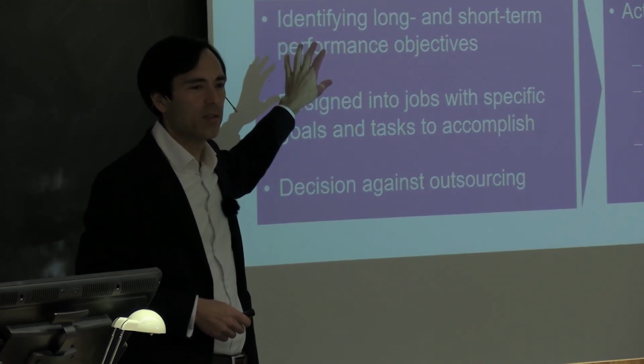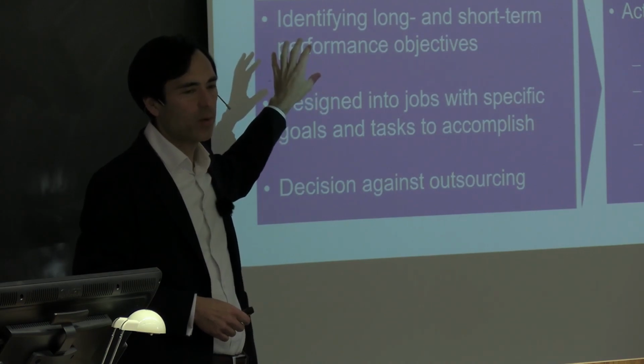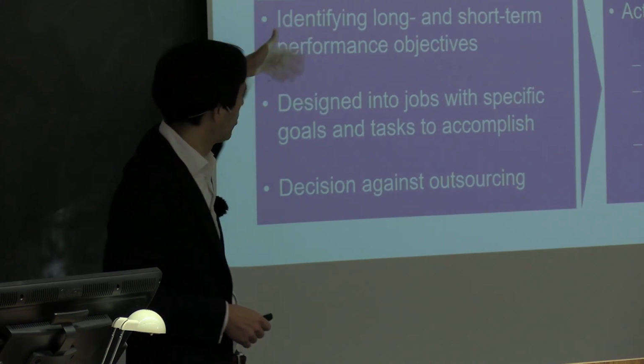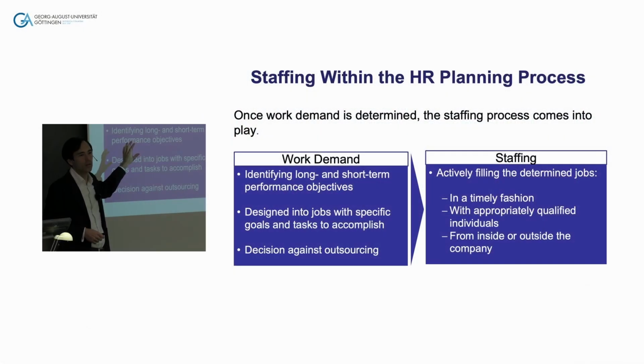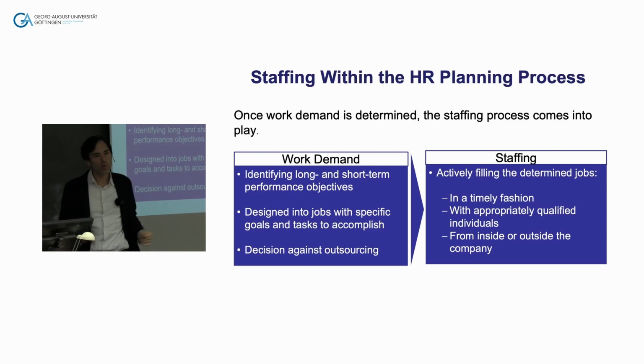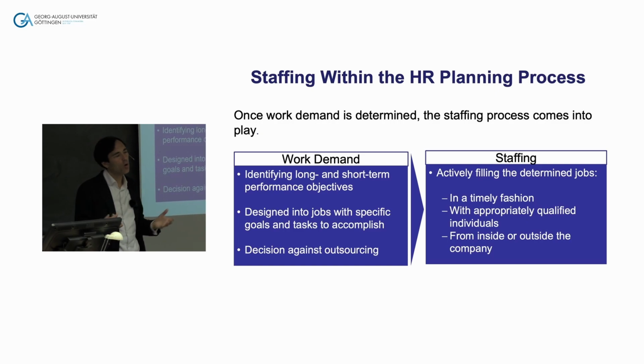You analyze the current situation in your company, and then you make projections of what is next, both short and long term. And then we would respond with staffing, depending on short term or maybe even long term needs.